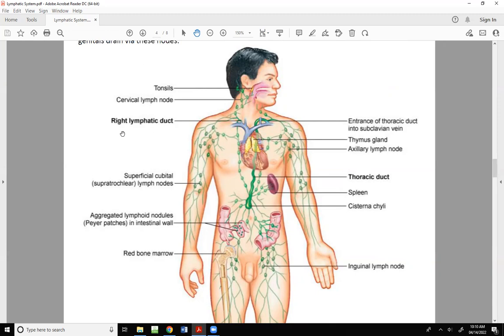But here's what you need to highlight for this fella. Starting on the left side, I'm going to skip the tonsils because they're not specified which one there is, and we're going to talk about the tonsils here in just a second.